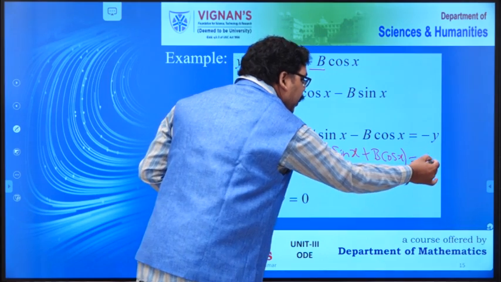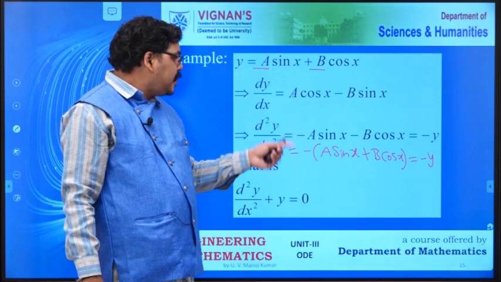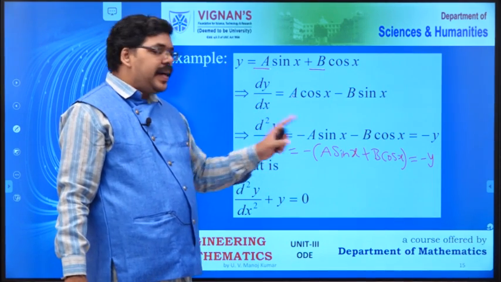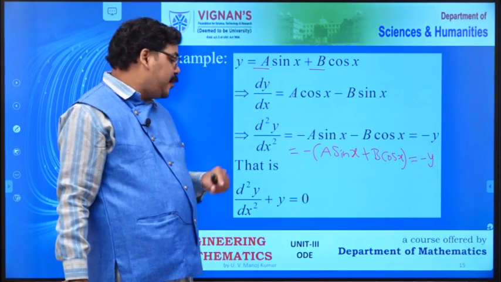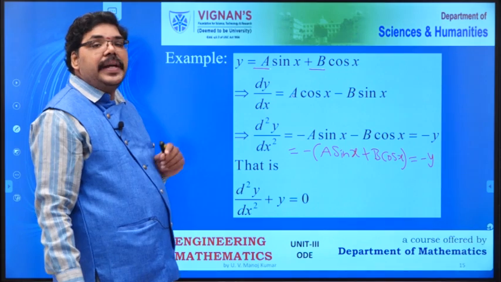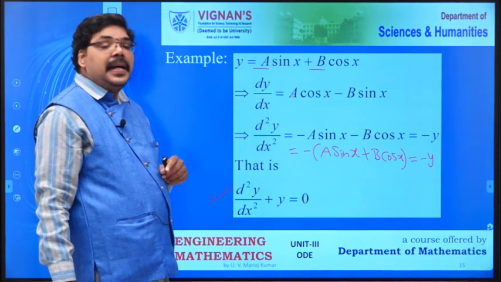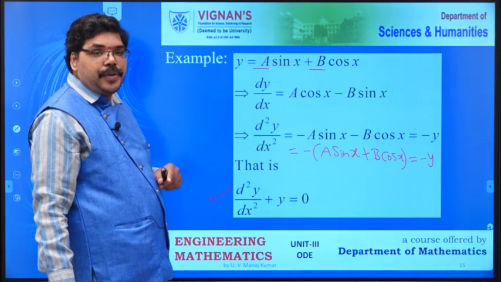That is nothing but minus y, because what is y? a sin x plus b cos x. So this becomes minus y. So d square y by dx square equals minus y, or if you bring that minus y to the other side, the resultant differential equation is d square y by dx square plus y equals 0.